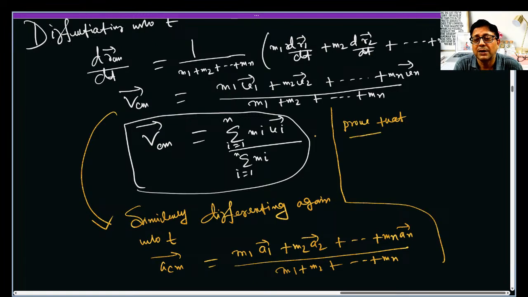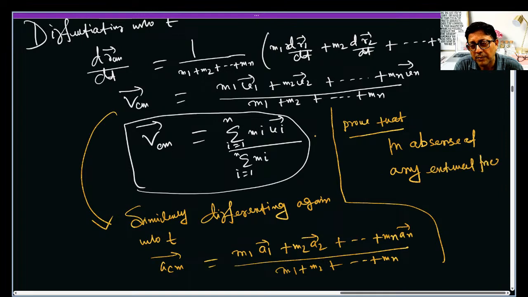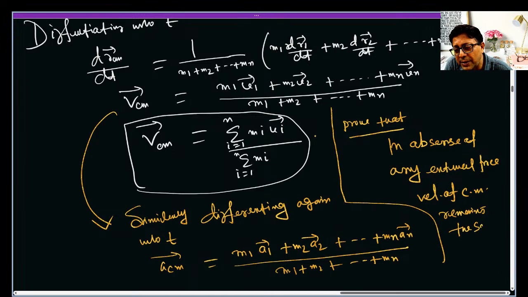Prove that in absence of any external force, velocity of center of mass remains constant, remains the same.